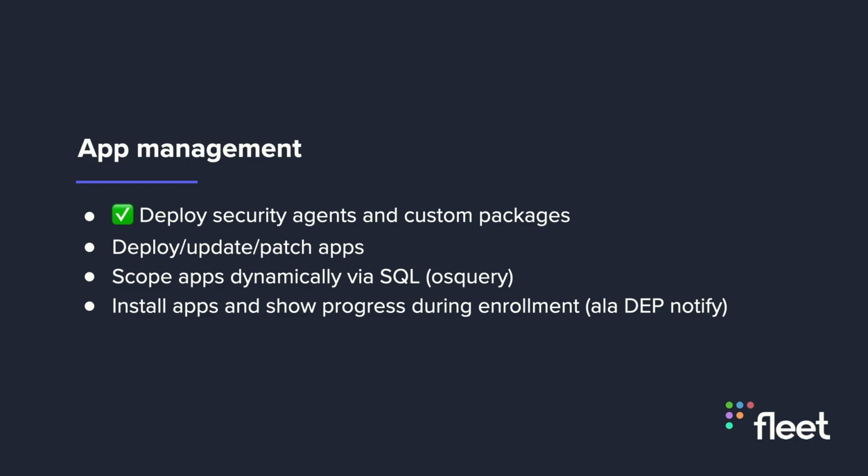On the app management side, right now we have deploy security agents and custom packages. We're going to be adding patch management to that as well. This actually has been added, but I forgot the check mark on here. You can scope apps dynamically using SQL, using osquery. And this is actually a pretty cool feature.